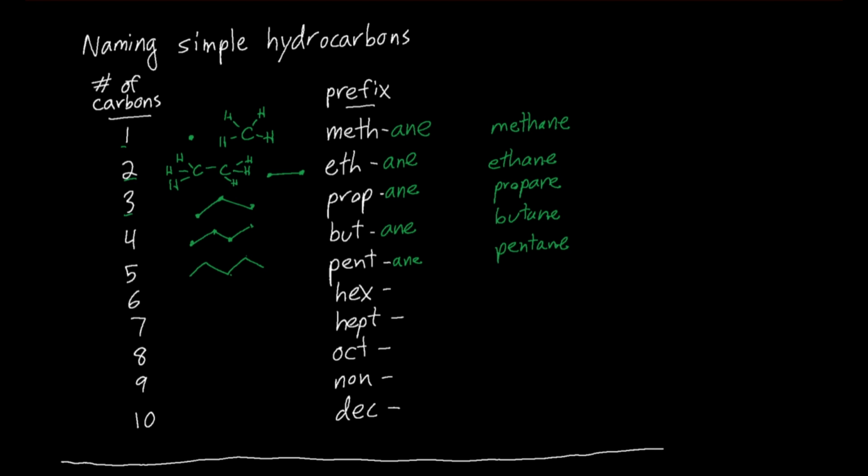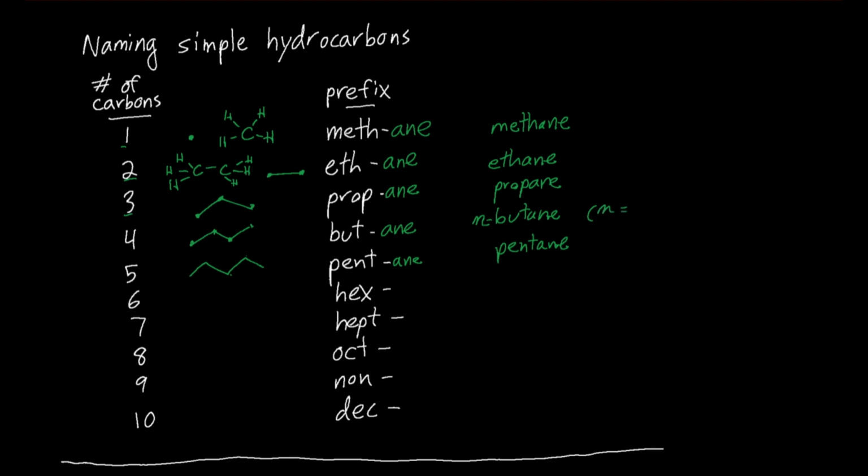Now, starting with butane, actually, you can have isomers. These are just the straight chain compounds, as we would call them. In order to just indicate that you are dealing with the straight chain, you can add the prefix letter N, that's a script N, as in normal.